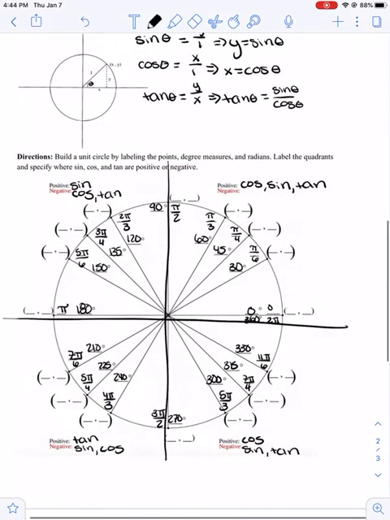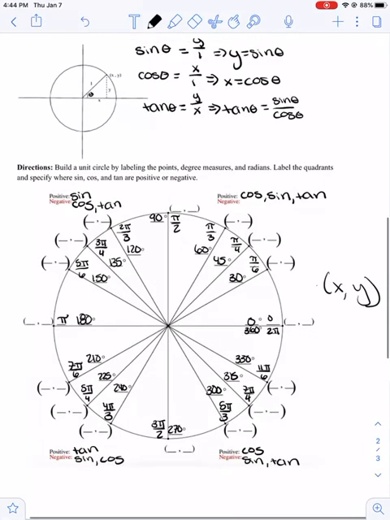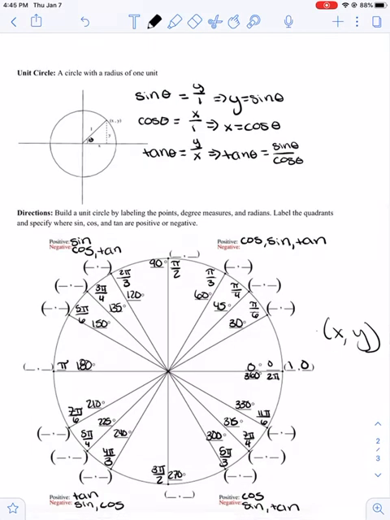Okay, and now we just label. So on our point, we have x comma y. So remember our unit circle, the radius is 1. So if we go out 1, but we didn't move any, okay? And then x comma y, so cosine comma sine.